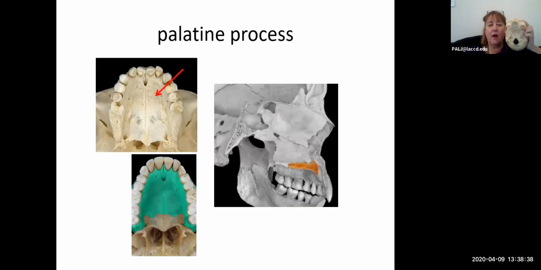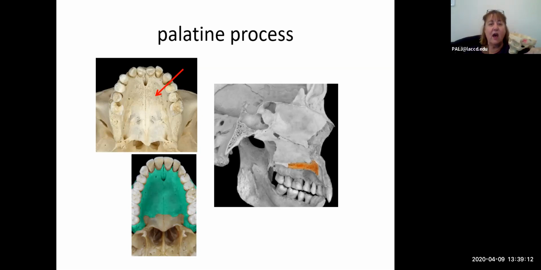And then the second part has to do with the roof of your mouth. So literally put your tongue right behind your teeth and move it posteriorly. And at some point you will feel the hardness give way. Okay, so all of the hard part is this bony part. But what I want you to realize, only about the anterior 80% of it is maxilla. And that part is called the palatine process of the maxilla, because it's the palate.